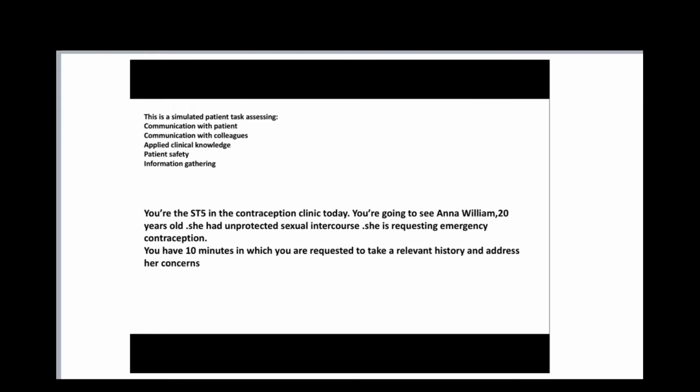Ask her about her surgical history. Ask her about any medical problem, because if she has any medical problem like epilepsy and she is on enzyme inducer, we have to double the dose of Levonelle. And if she is asthmatic and taking treatment for severe asthma, we must not give her ulipristal acetate.